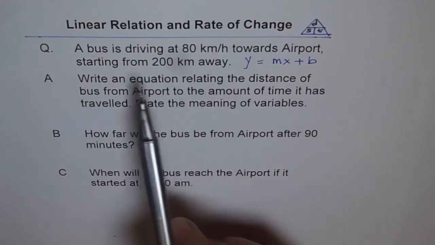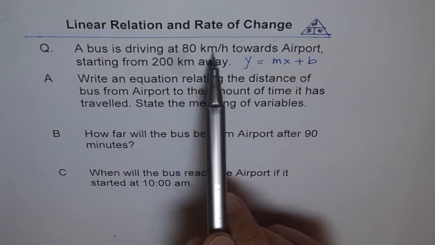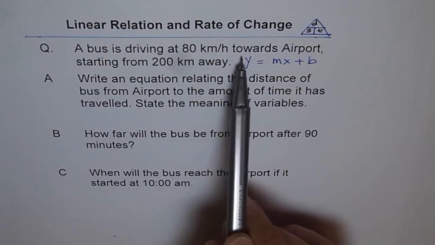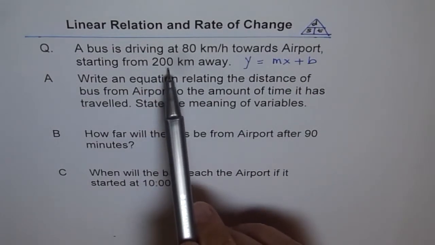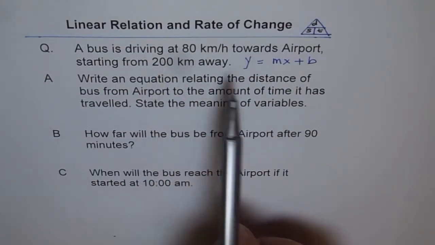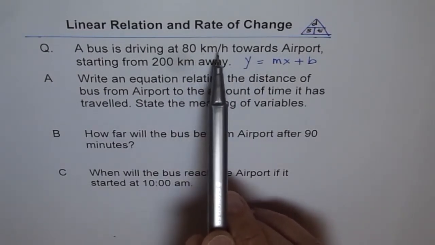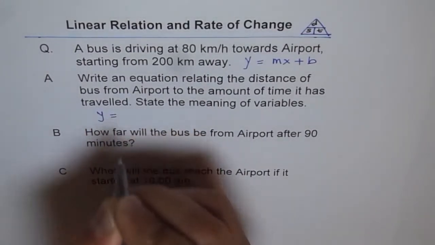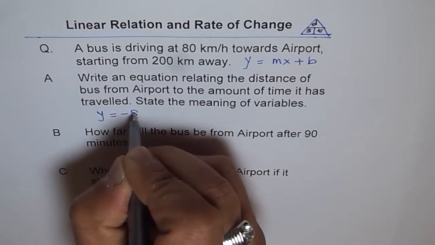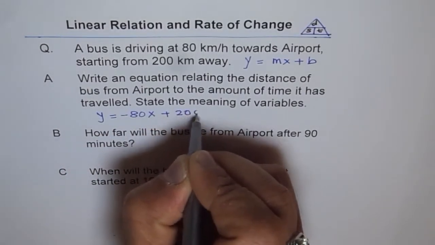Now since the bus is being driven at a constant rate of 80 kilometers per hour and it is approaching the airport, distance is decreasing. Since the distance is decreasing, we'll use a minus sign for the rate of change, and it is decreasing at the rate of 80 kilometers per hour, right? So we get our equation as y equals minus 80x plus 200, right?